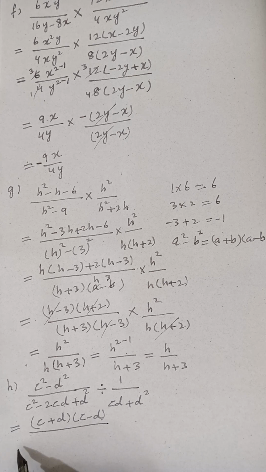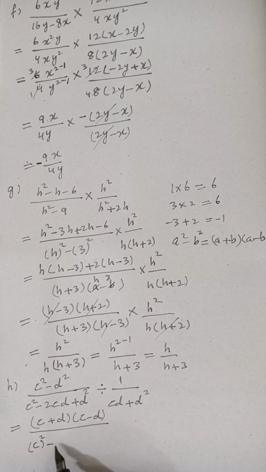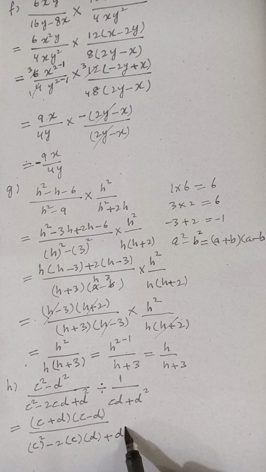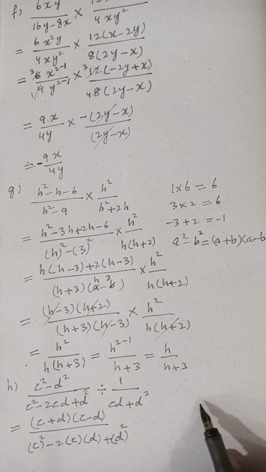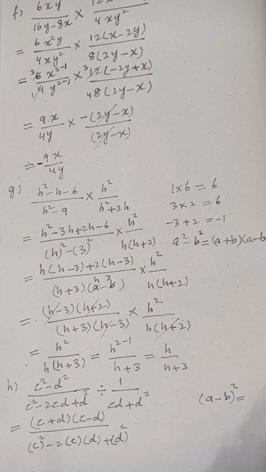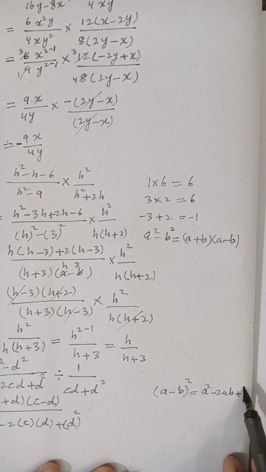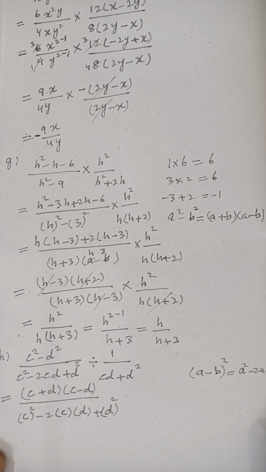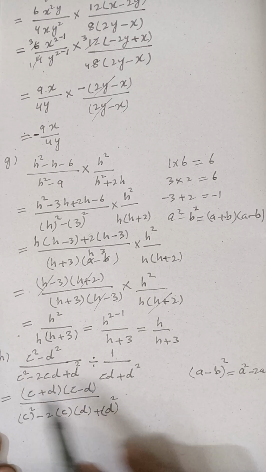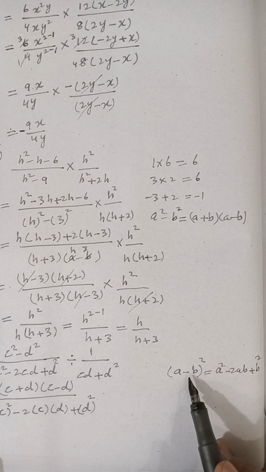You see that c square means a square minus 2ab plus b square, just like this. a minus b whole square is equal to a square minus 2ab plus b square, and here in this case d square is d square, 2cd is this 2cd, and c square is c square, and when this is combined it will become c minus d whole square, and minus 2cd is hidden here.